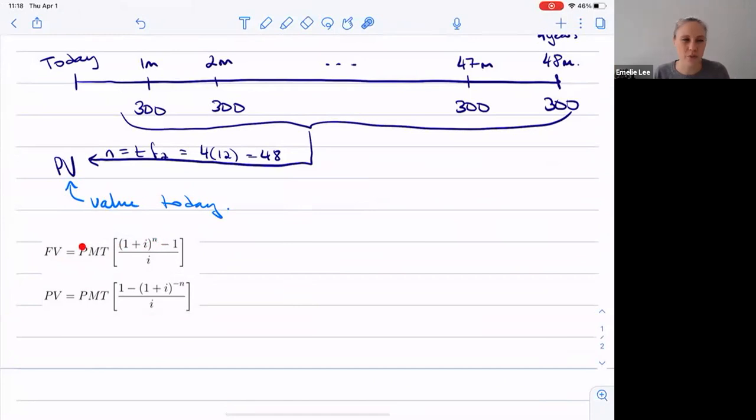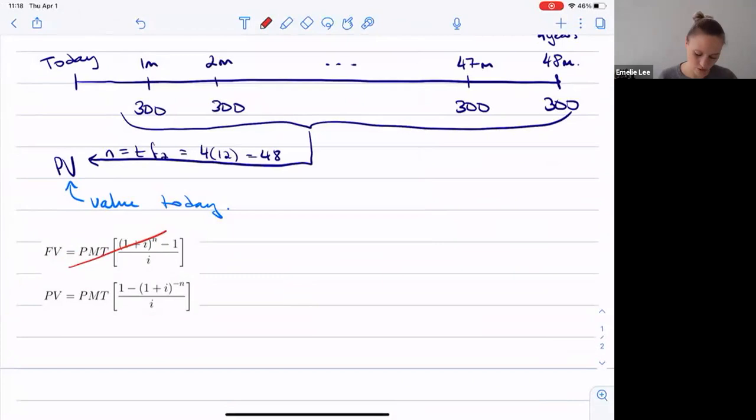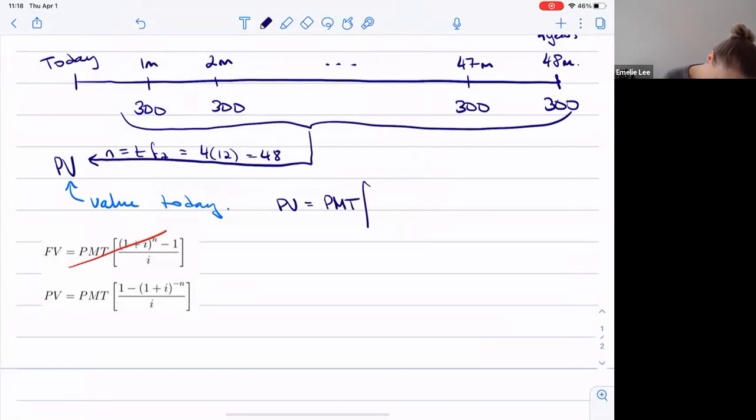So there's no present value in this formula, so you can ignore that one and just focus on the present value formula. It's important that you know which one you want to solve for, because that's going to determine which formula to use. So now I can use the present value is the payment amount times 1 minus 1 plus I to the negative N over I.